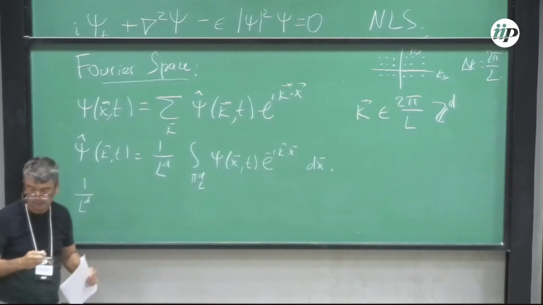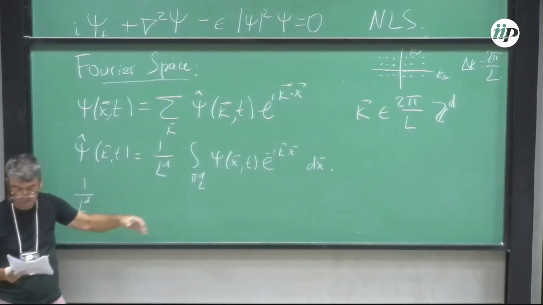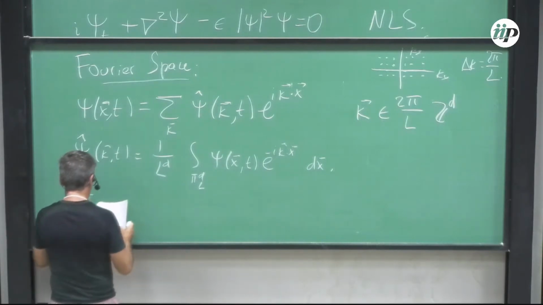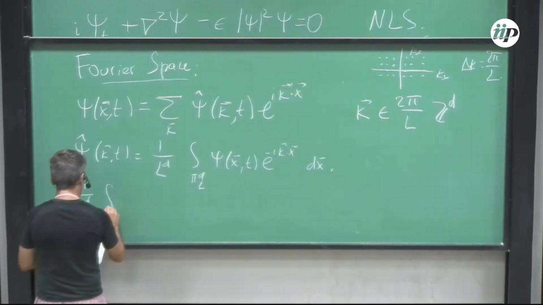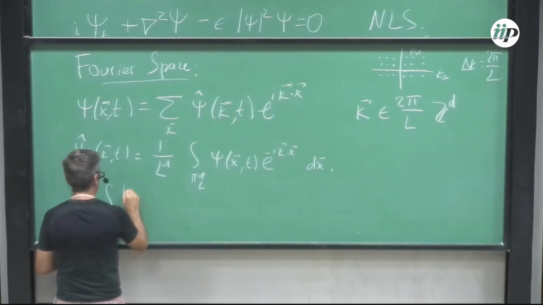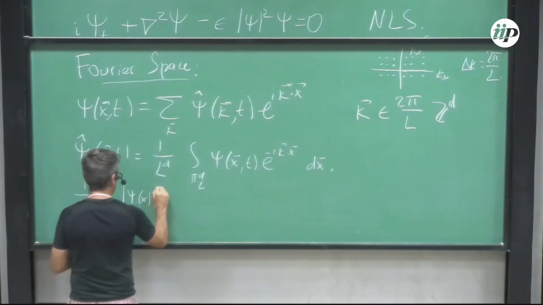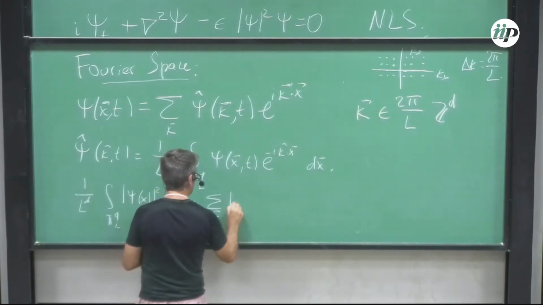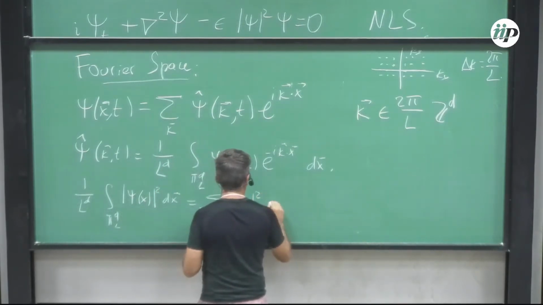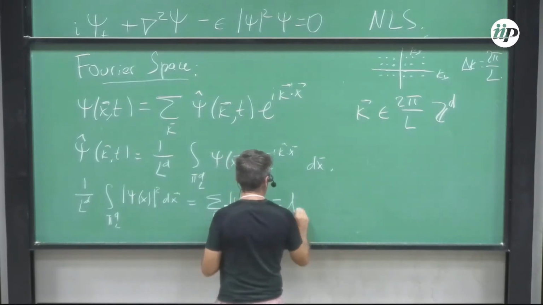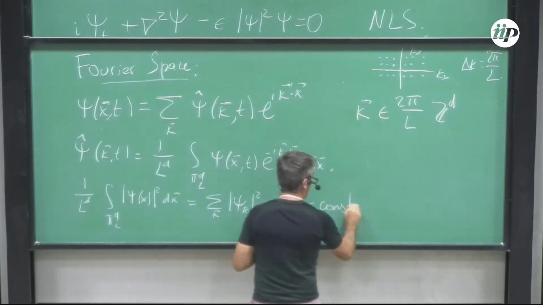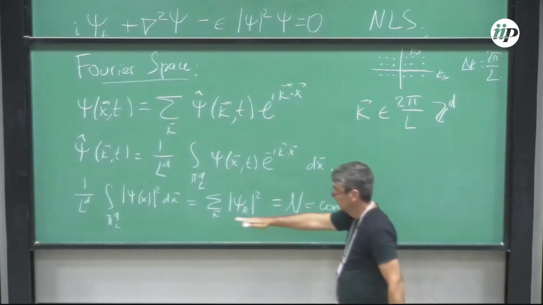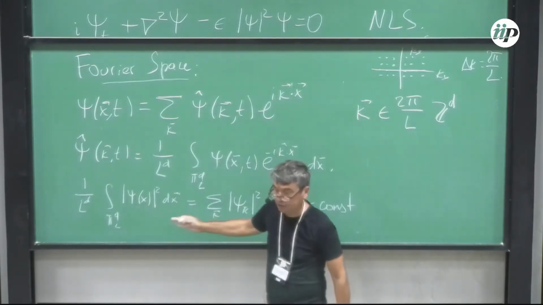Fourier transform also can be defined with different normalizations, right? So the way I've chosen it here, it has a convenient infinite box limit. So this quantity is actually conserved.